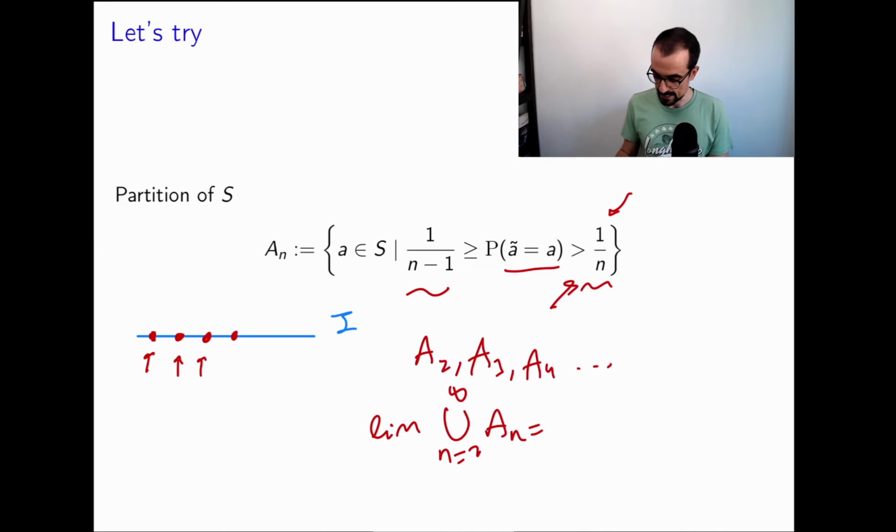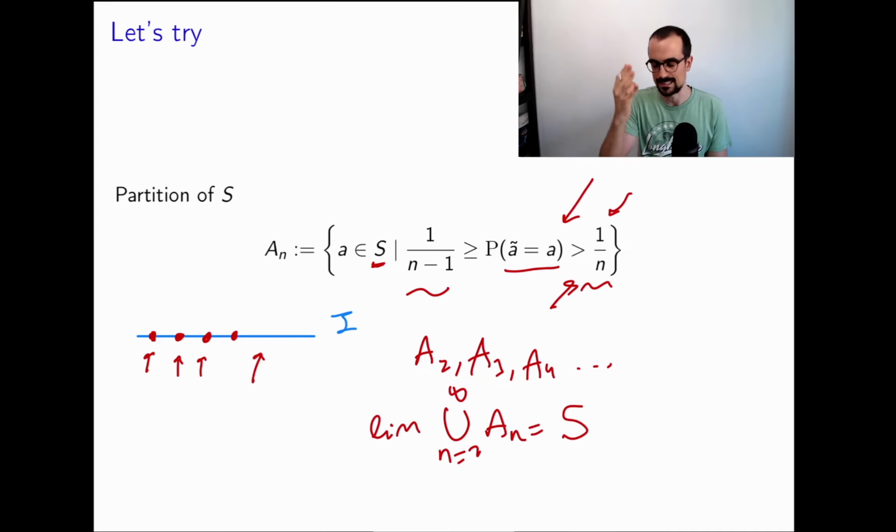Actually, I shouldn't say that, I'm going to say S. All the points that are assigned probabilities must be in one of these sets. To see that, you see what probability the point has, and then you take n large enough so that 1 over n is smaller than that value, and that's the An that you're going to assign that point to. So you can put any point in S, which are the points within the interval that get assigned non-zero probability, in one of these An.